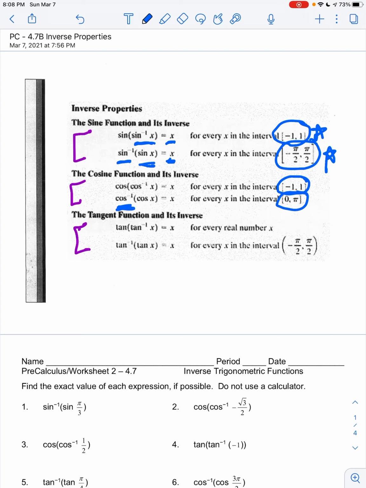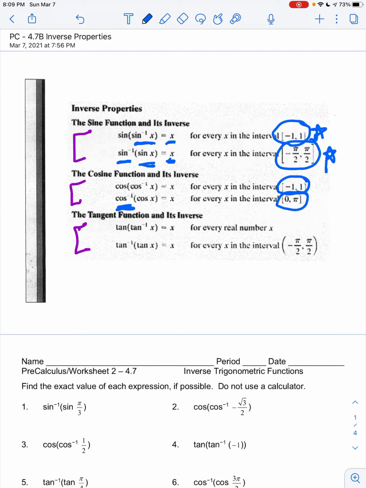Then we go to the tangent. The tangent of the inverse tangent of x will equal x for all values of x, because when you think of the original tangent function, the range is all reals, and so that's the input for the inverse tangent function.